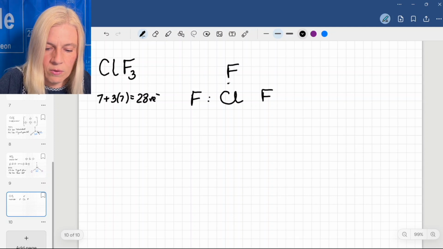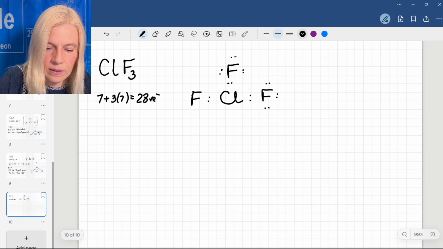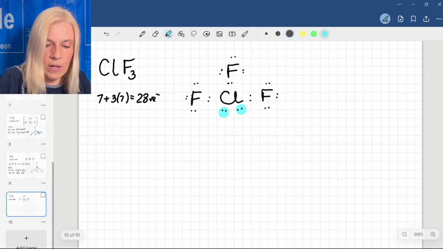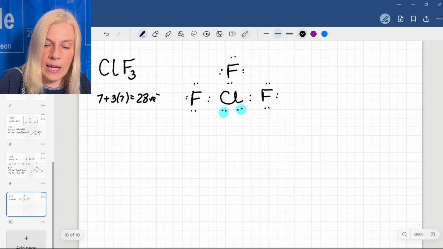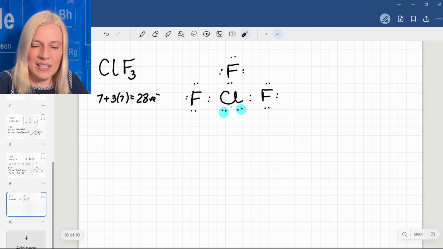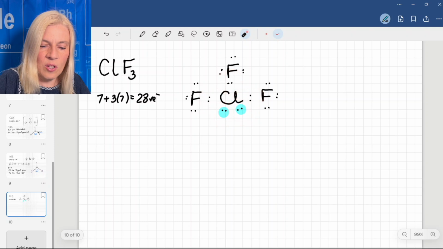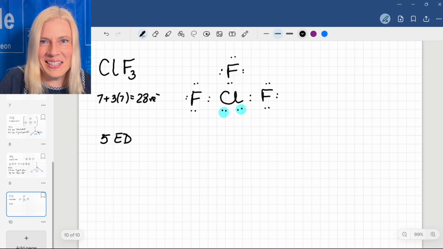So let's go here, 2 for each bond, and then octets. 24, 5, 6, 7, 8. Just going to quickly highlight these to make sure you notice that these are my lone pairs. I don't need brackets. There's no charge. So we have, again, how many electron domains? Let's count. We have 1, 2, 3, 4, 5. Yes, 5 electron domains.